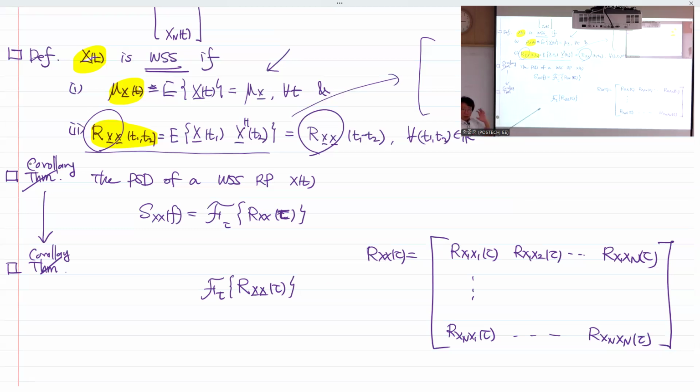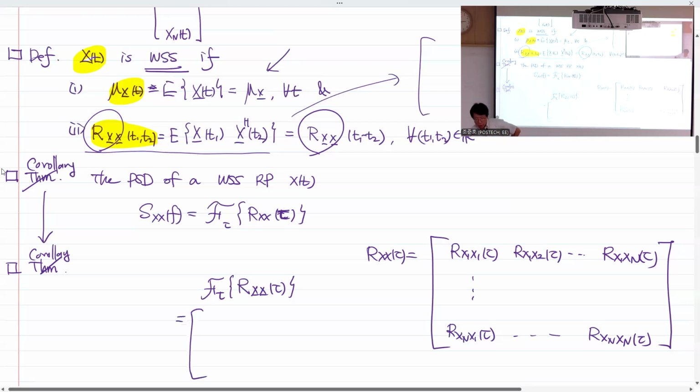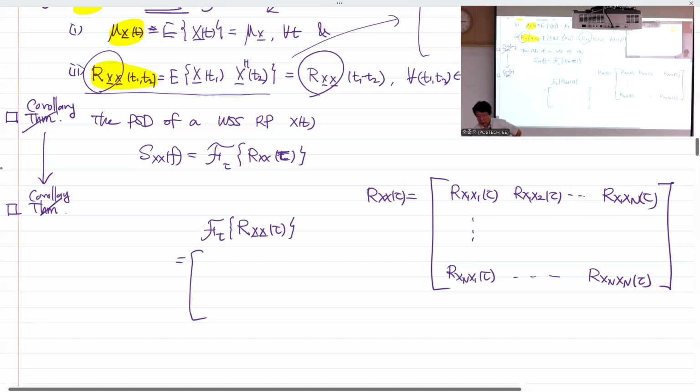Now, let's consider the Fourier transform of this matrix. What would be a proper definition of the Fourier transform of a matrix-valued function? Of course, entry by entry Fourier transform. Then what do you have? At least you may say what the diagonal entries are. The Fourier transform of this 1,1 entry is what?